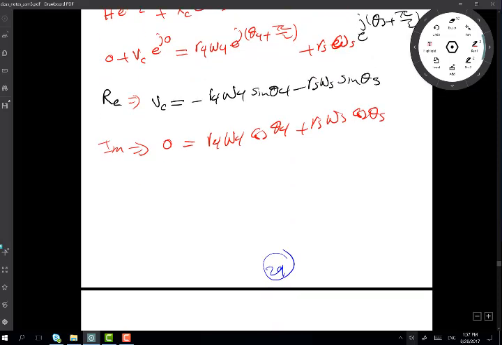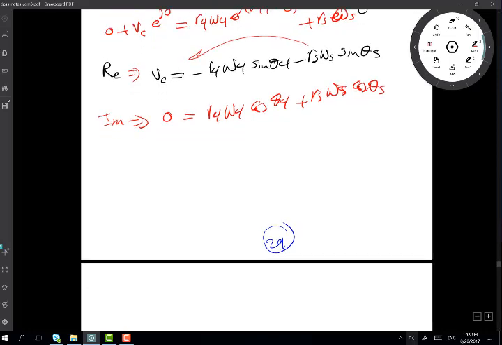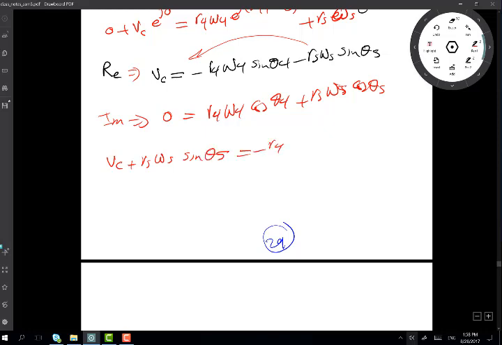When I arrange my equation, I can move R5 omega 5 to the other side because it's not known. So VC plus R5 omega 5 sine theta 5 is equal to minus R4 omega 4 sine theta 4, and here I have negative R5 omega 5 cosine theta 5 equal to R4 omega 4 cosine theta 4.